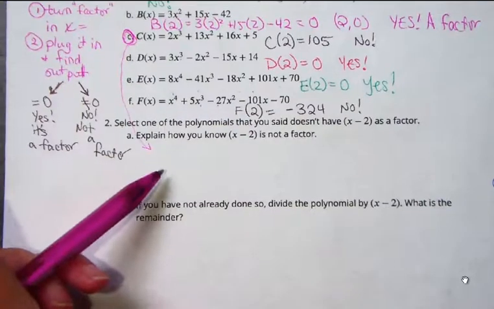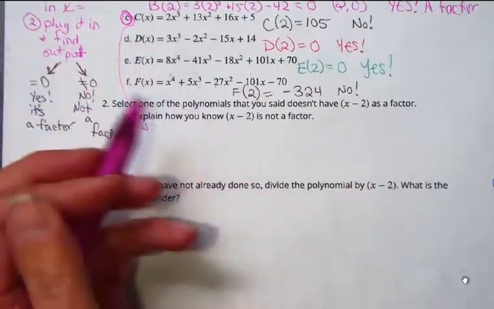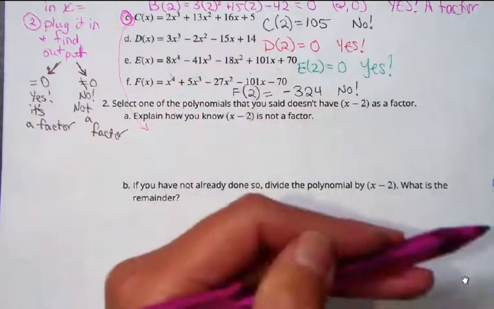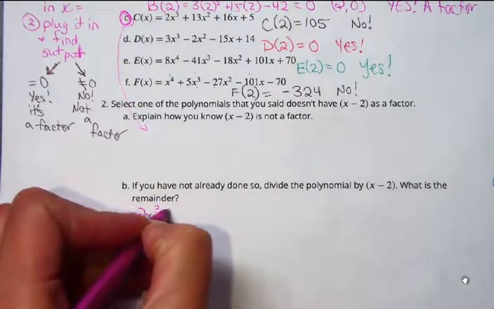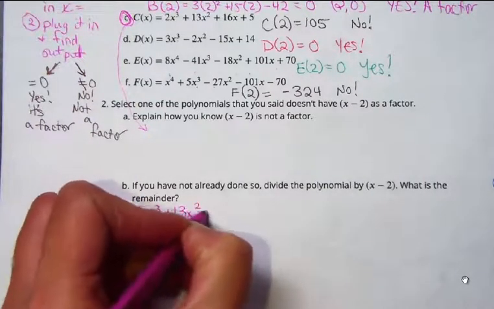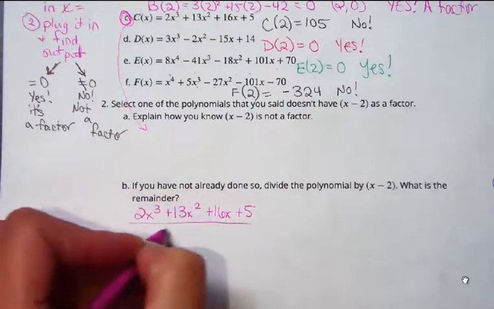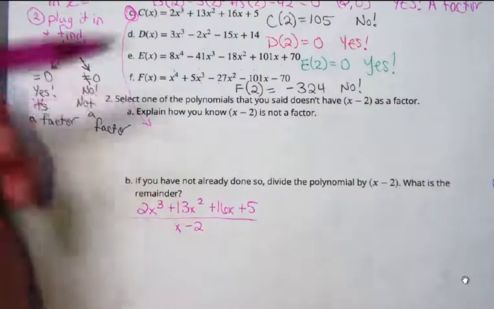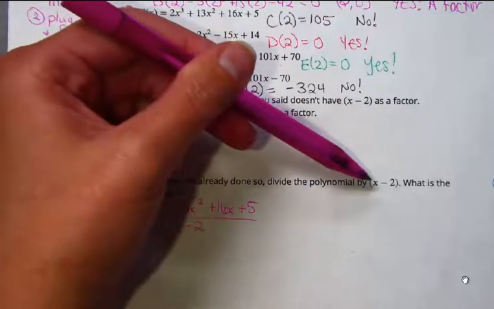So we're going to try dividing that because I want one more practice from scratch of dividing something with a remainder. So 2x to the third plus 13x squared plus 16x plus 5 divided by x minus 2. I copied that polynomial from up here, and I'm checking this x minus 2.